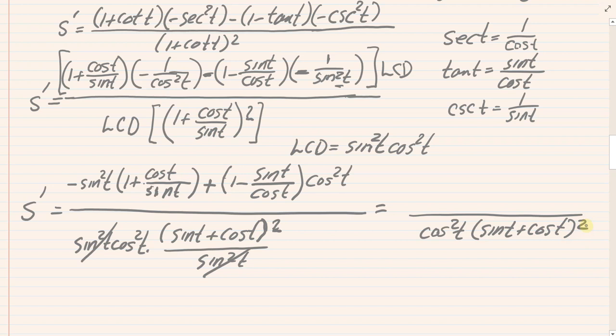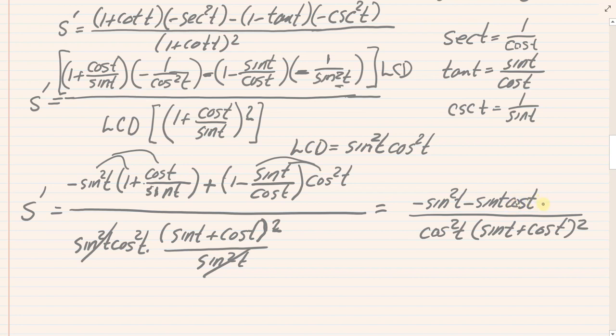Now in the numerator, I'm distributing sine squared and cosine squared to those fractions. So first I'm going to get negative sine squared t. Next distribution, we lose the sine t in the denominator, so it's going to be negative sine t cosine t.